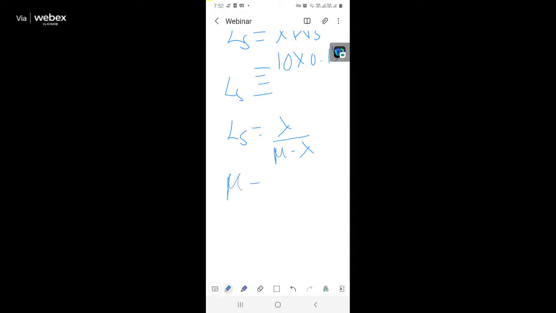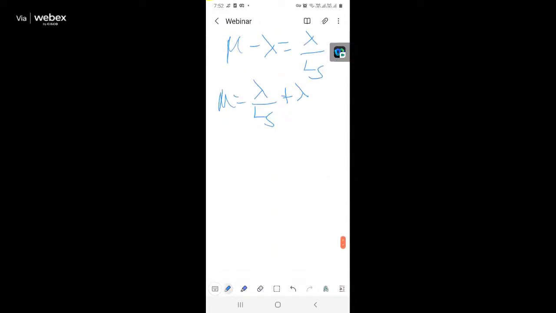So it is simply mu minus lambda is equal to lambda by LS. So mu is equal to lambda by LS plus lambda. I have lambda value as 10. Now you will be telling what is LS plus lambda, 10. Please tell LS.